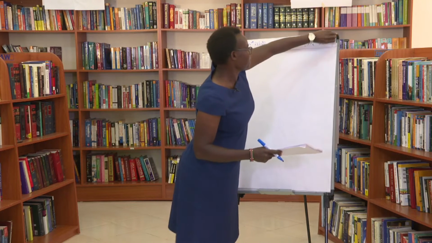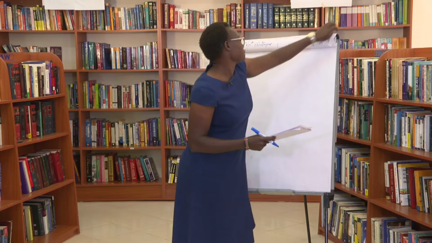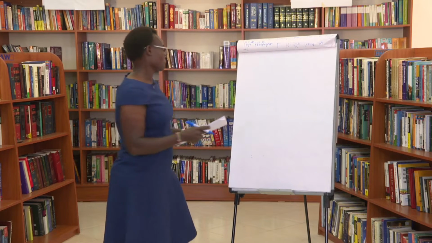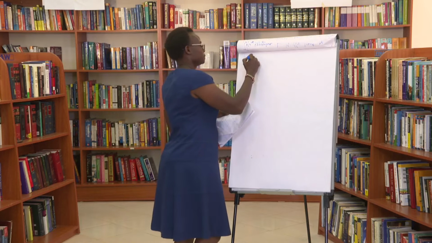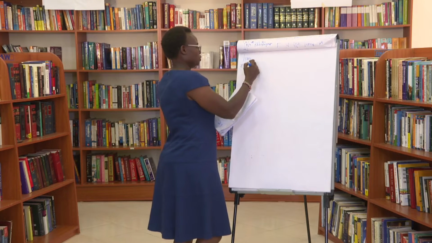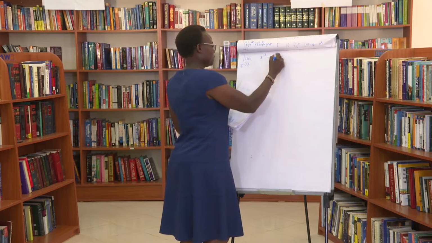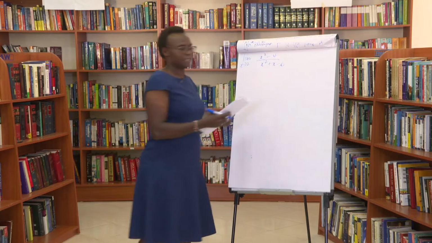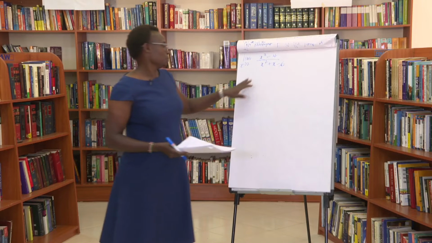We can do a second example. We get the limit as x tends towards 2 of x squared minus 4 over x squared plus x minus 6. So same story again.